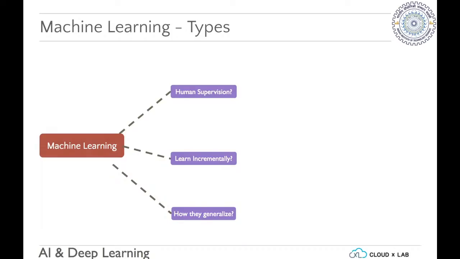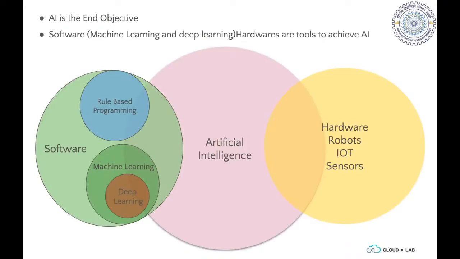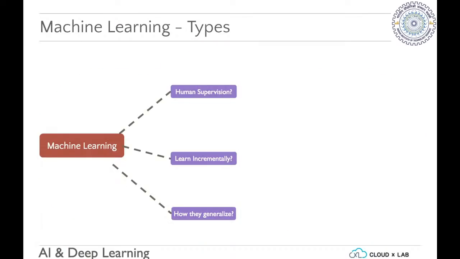So the next question that we have is, how do you classify the machine learning algorithms? Right? So machine learning is essentially learning or inferring the rules from the data. There are many kinds of machine learning. I'll talk about those different kinds. You can categorize machine learning in 3 ways.